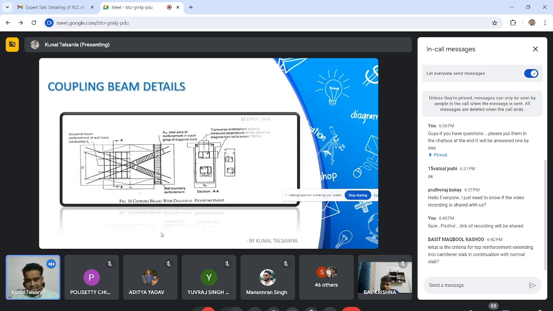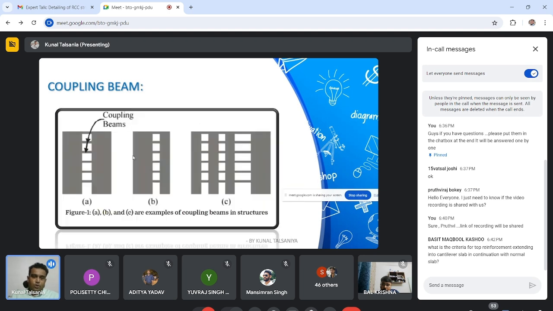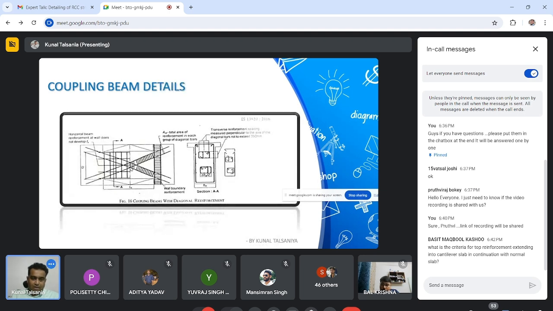The code has suggested this detailing specifically for coupling beams. So you can see that in addition to longitudinal steel and stirrups, you have to provide diagonal steel. This is the very crucial part, because placing this diagonal steel is very challenging. I will show you the image.